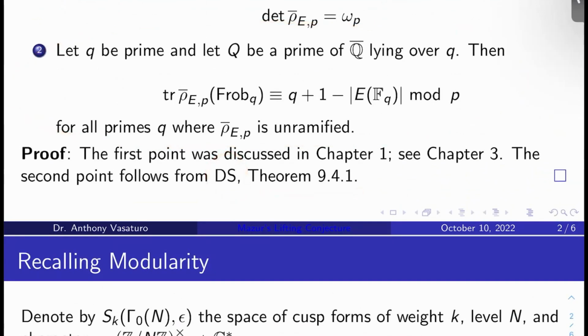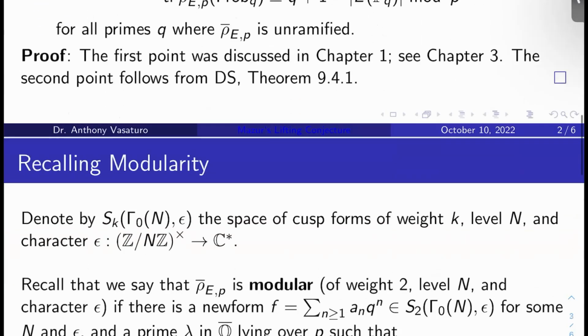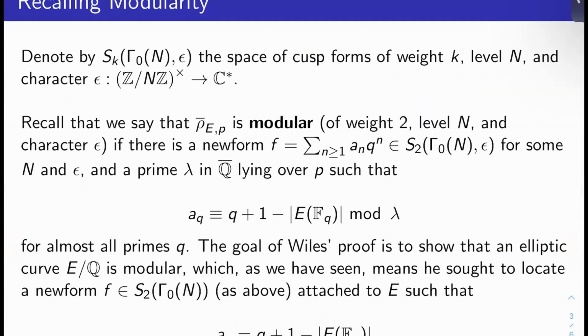So let's recall the statement of modularity. We'll denote by S_k(Gamma_0(N), epsilon) the space of cusp forms of weight k, level N, and character epsilon. Remember, epsilon here is a Dirichlet character mod capital N, so it's a homomorphism from (Z/NZ) cross to C star.